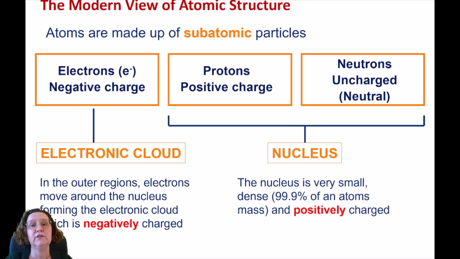Protons and neutrons are in the nucleus, and the electrons are in an electronic cloud around the nucleus, and that's negatively charged. And the nucleus is very small and very dense, so 99.9% of the mass of an atom is concentrated in the nucleus, due to the protons and the neutrons of that element.